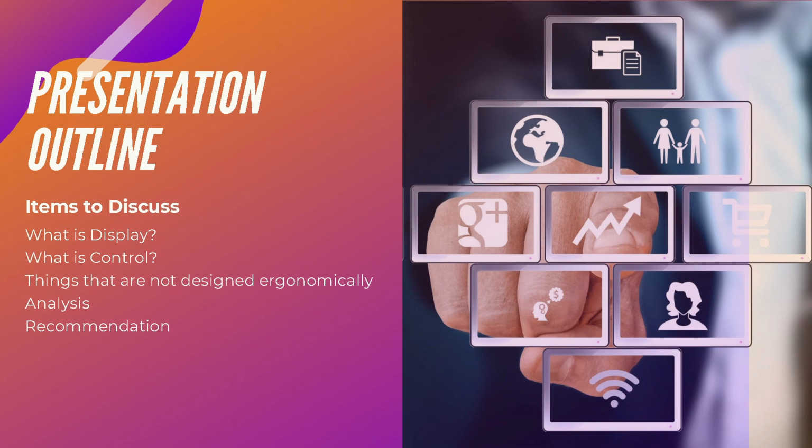Display and control can facilitate interaction, but it can also increase errors in the work. So basically, display and control are used for interaction between you and the machinery. It can help you, but it also can make errors in your work.